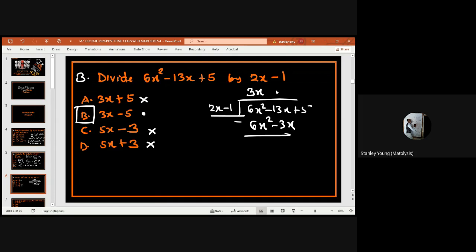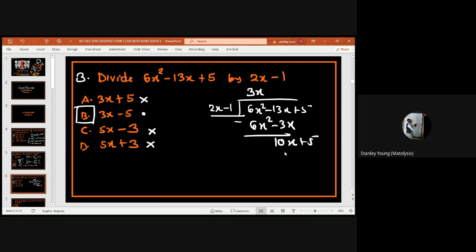When we do the multiplication, it would have been plus, this times this, minus 3x. So if you subtract, you get minus 13x minus 3x. Minus times minus is plus. That would have given you minus 10x and plus 5.